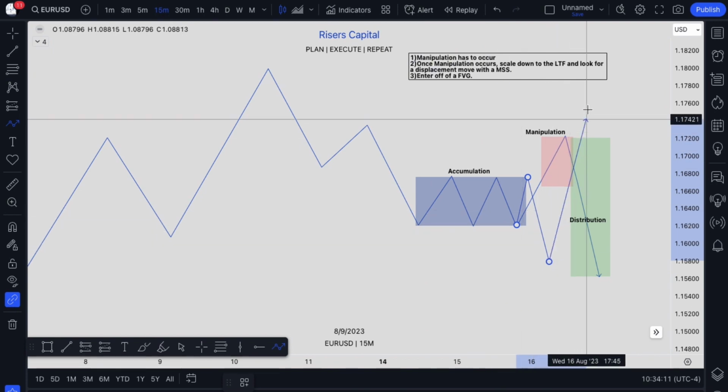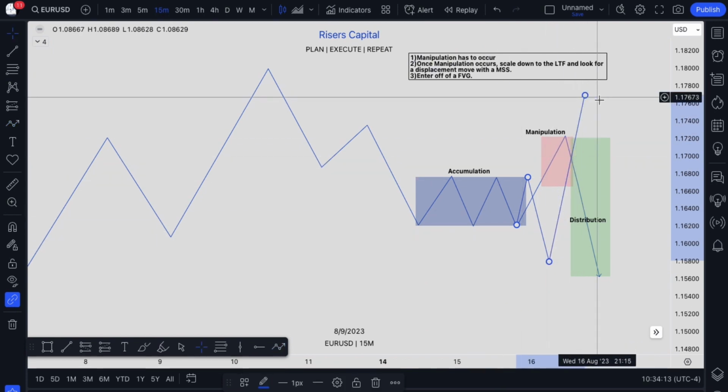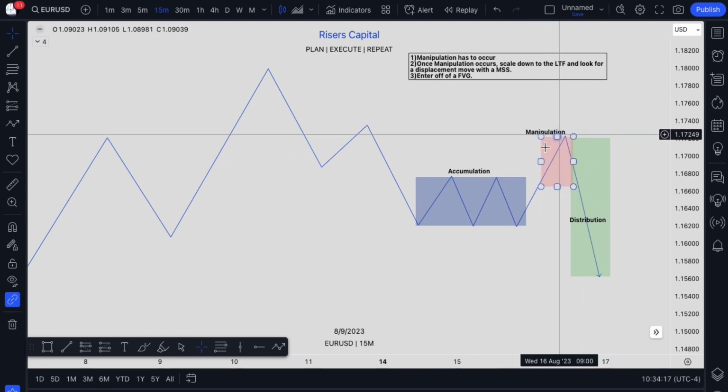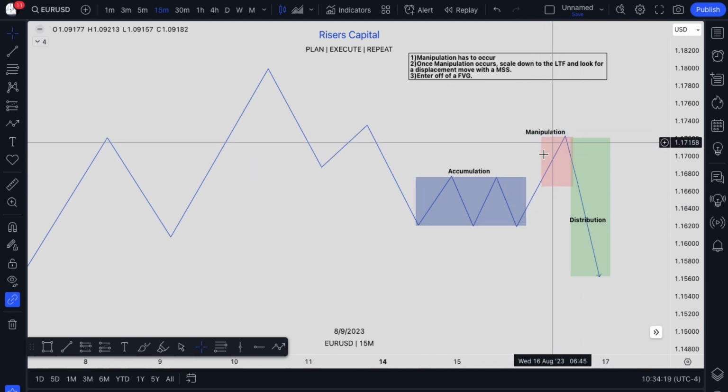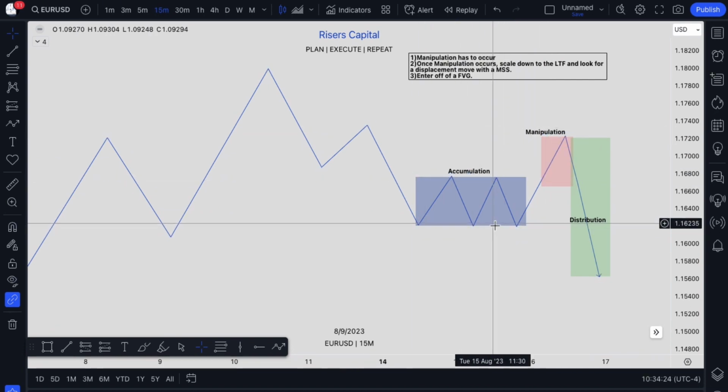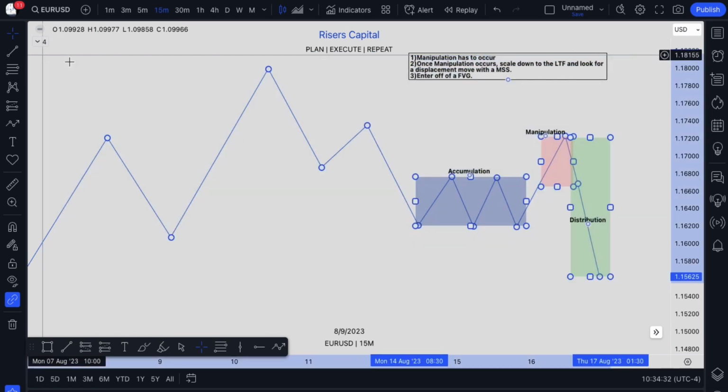Then this could be the distribution. So it all depends on which side the manipulation is. If, for example, this is the manipulation, these highs get taken, however these lows are still there. There's still liquidity resting below here, sell side liquidity. So let's actually get into the charts.